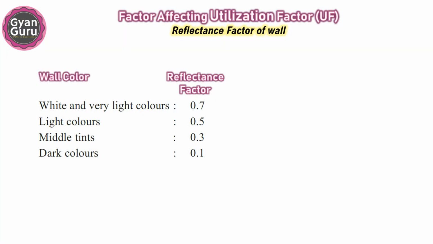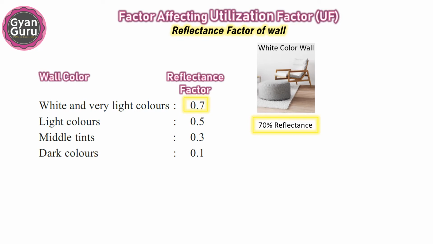Reflectance factor of a wall varies with the wall finishing. The values of the reflection factor of the ceiling and of the wall are as given in the table. White and very light color walls usually have a 70% reflectance factor, 70% means 0.7.